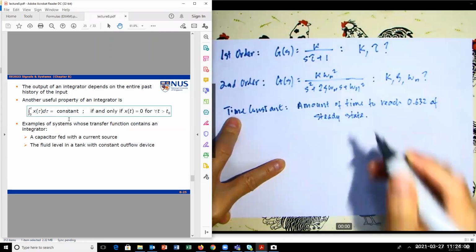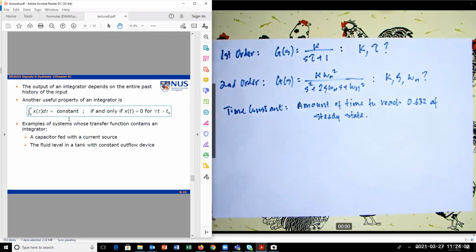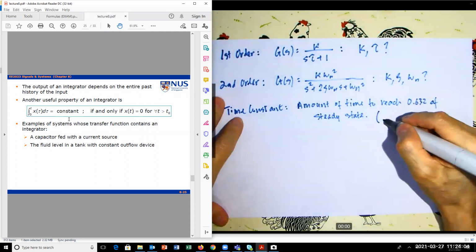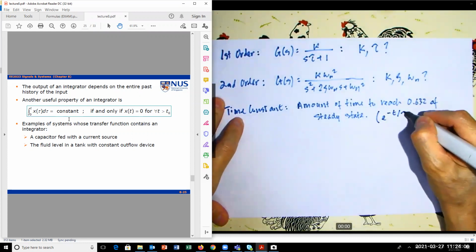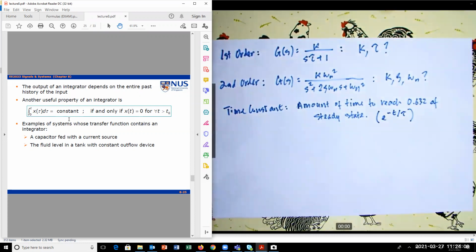We said that. And typically, this will have the form of e to the minus t over tau. You will see that in those expressions. Time to reach 0.632 of the final value, that's the time constant.